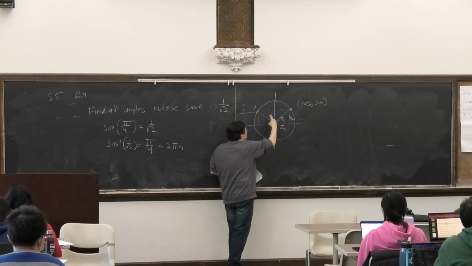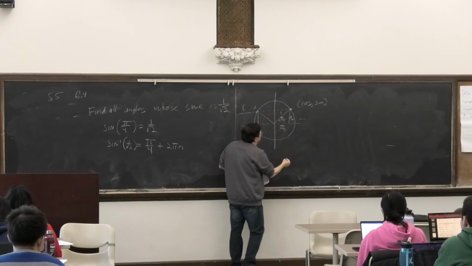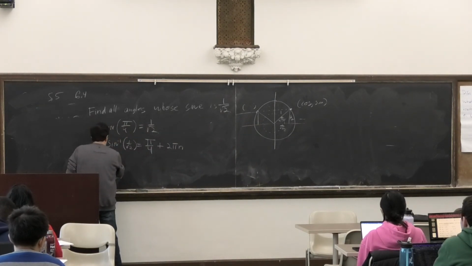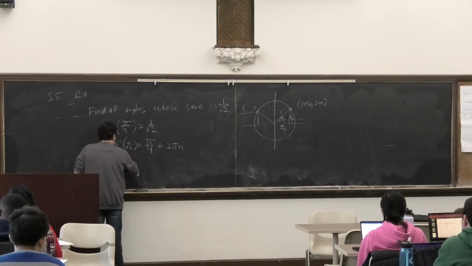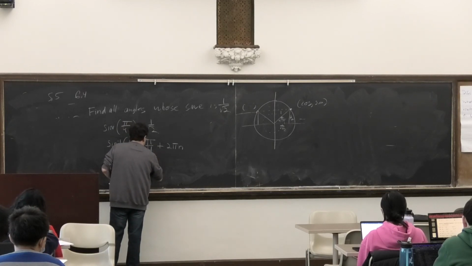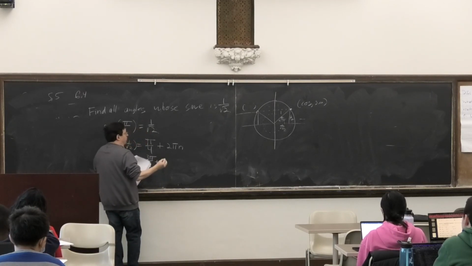Well, what is this? This is 45 plus 90, which is 135. So the sine of 3 pi over 4 is also 1 over the square root of 2, and so is 3 pi over 4 plus 2 pi.